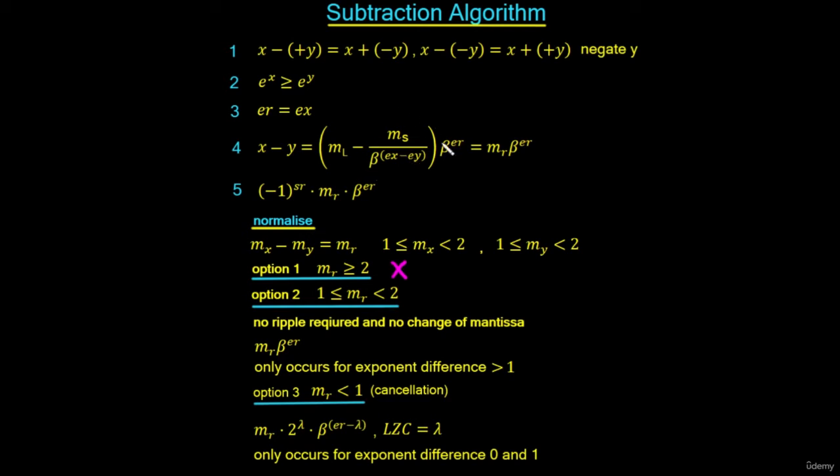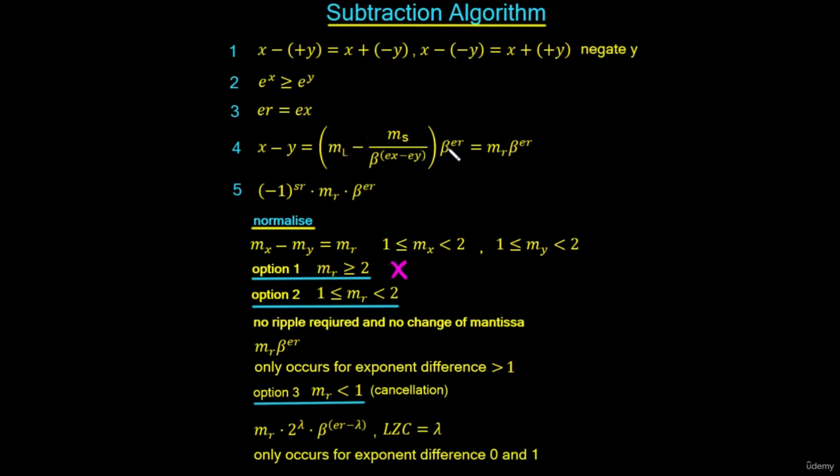We also go through the process of making sure that the exponent for the value for y is the same as the exponent for the value for x. So we increase the exponent for this value here, and it means that we have to decrease the mantissa by the same amount. So this is the shift to ensure that both of these are able to be subtracted.